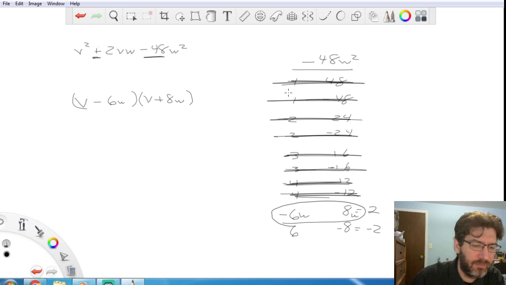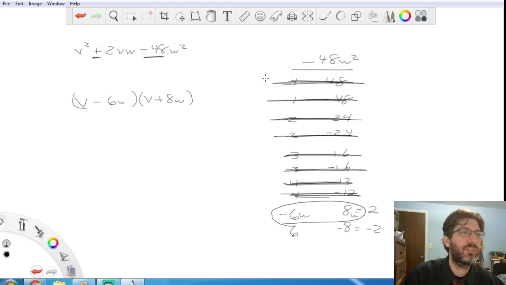I think the two that were the biggest issue on the homework yesterday were the two that we started with today. Everything else was looking fairly well for most of you. Just keep in mind to watch your signs and be careful with your addition with your integers and stuff like that. Other than that, it is a fairly straightforward process. It's some trial and error going on in there too.